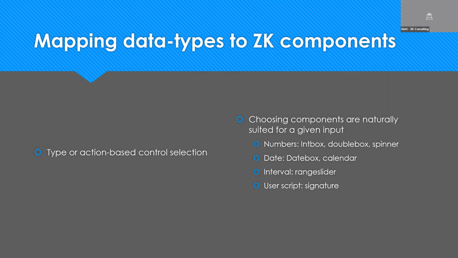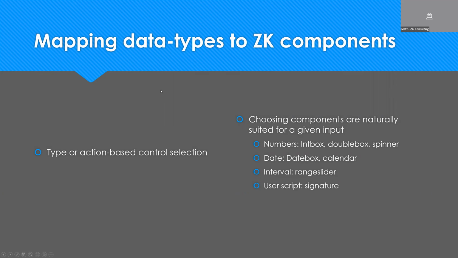Maybe you need to input a date, in which case you might consider the ZK datebox or calendar. Maybe you want to have an interval of values, a min and a max, that depend on possible values on your backend. In this case, ZK has a range slider. Maybe you want to let the user write down and sign the document. ZK has a signature component. There's just a lot of component versatility in ZK that you can apply to the spreadsheet.